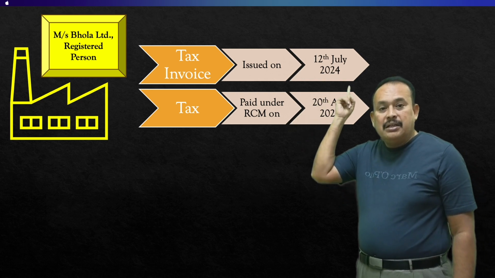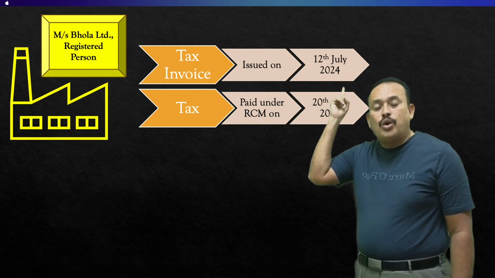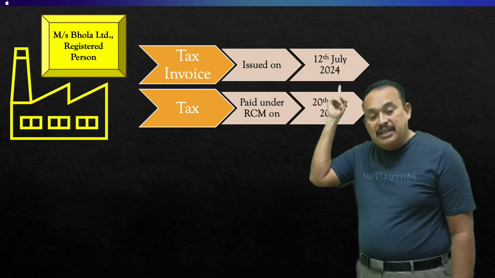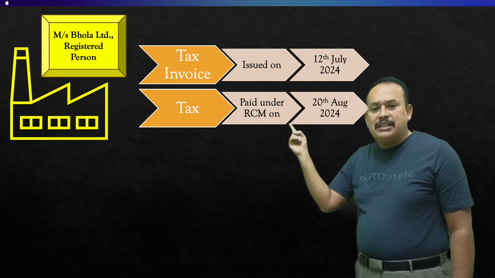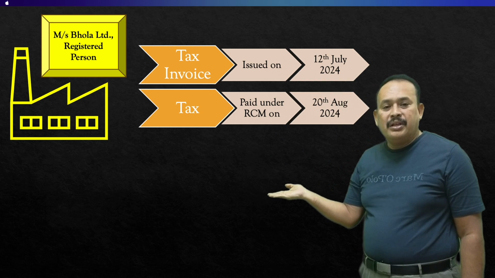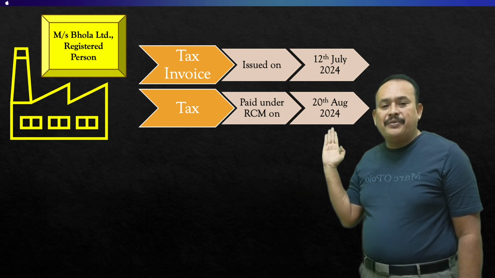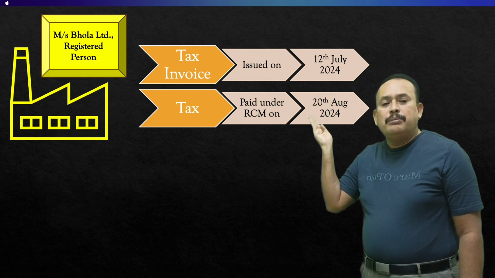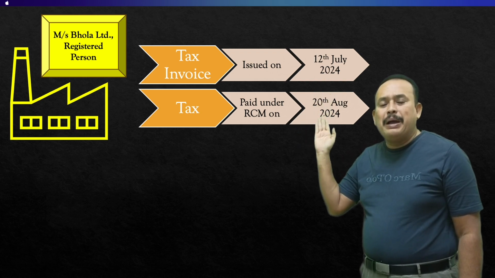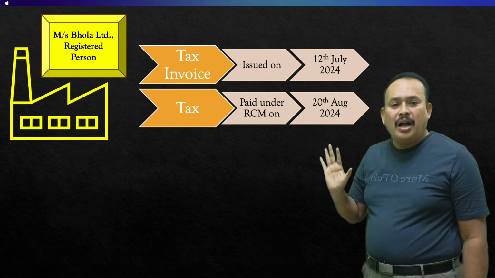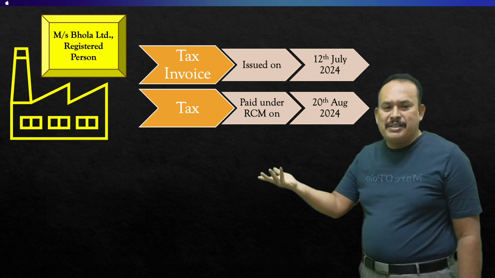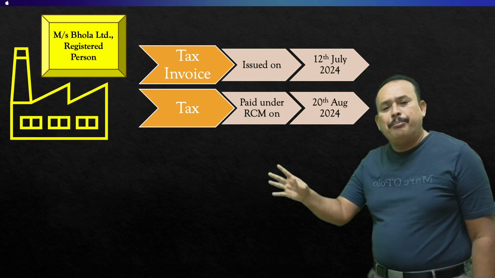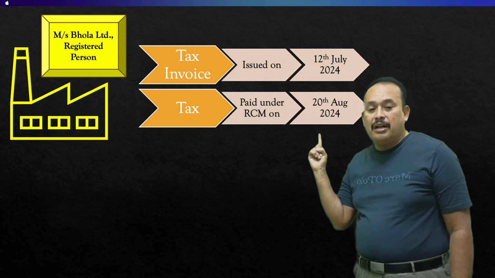Now issuing on 12th July 2024 means a 24-25 financial year invoice. Tax is paid under RCM now, by 20th August, because the invoice was issued on 12th July. They paid GST under RCM on 2 lakh rupees freight, 5% GST, 10,000 paid on 20th August 2024.